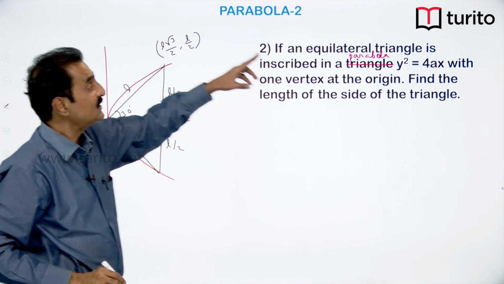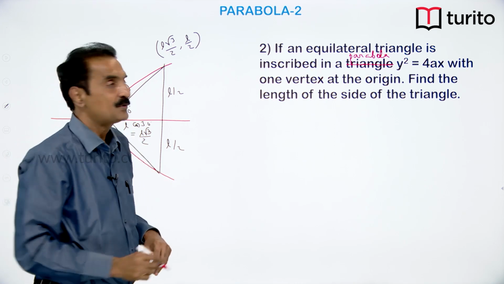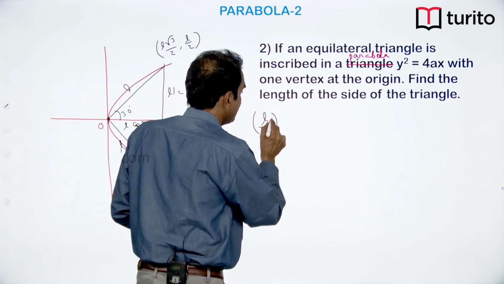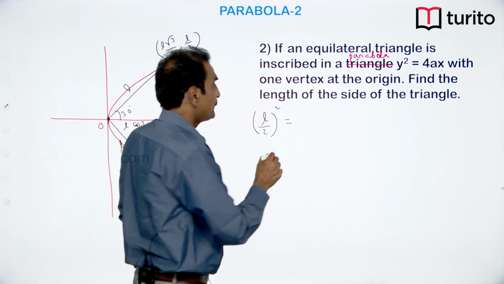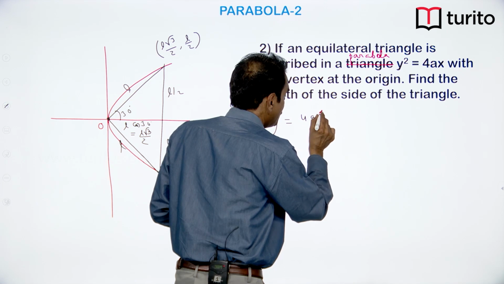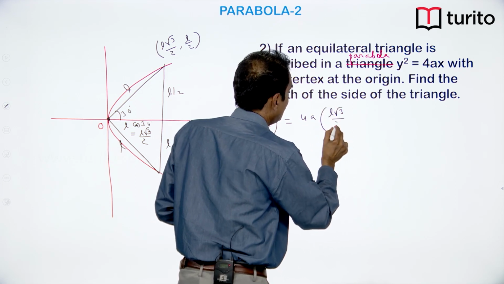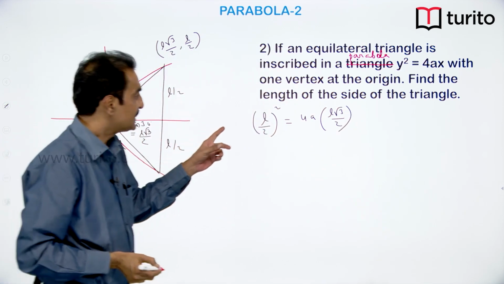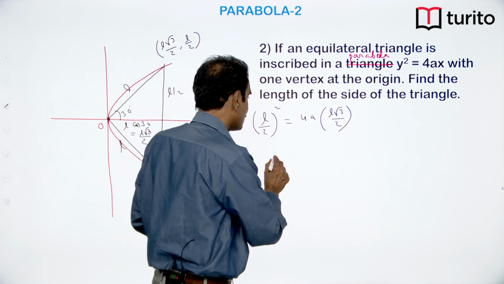This point lies on the parabola y square is equal to 4ax. So, substitute y square means L by 2 whole square is equal to 4ax. 4a into x is L root 3 by 2. You can cancel L on both sides and 1 2 also.